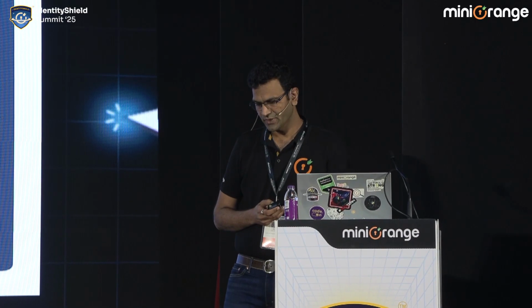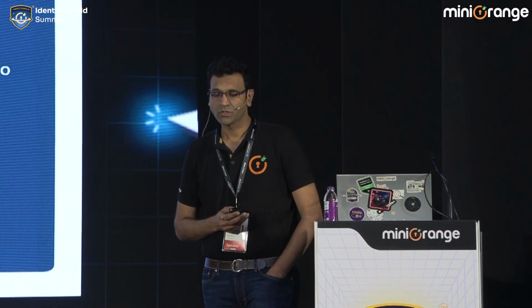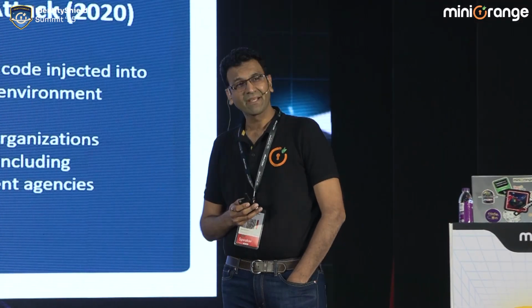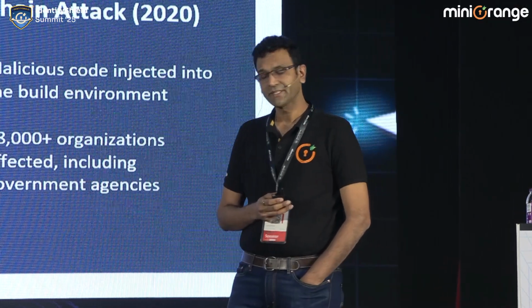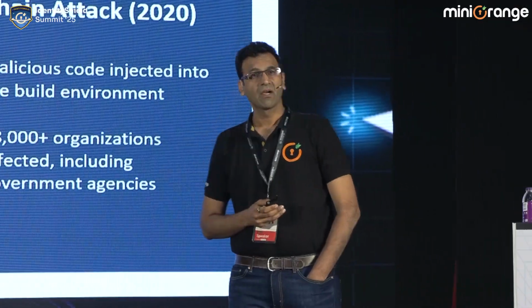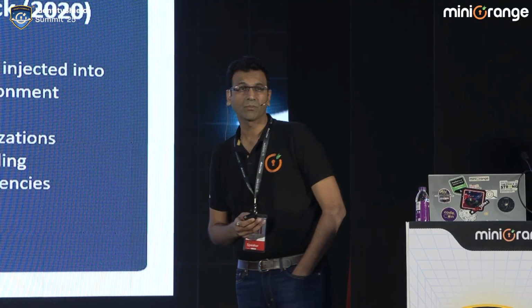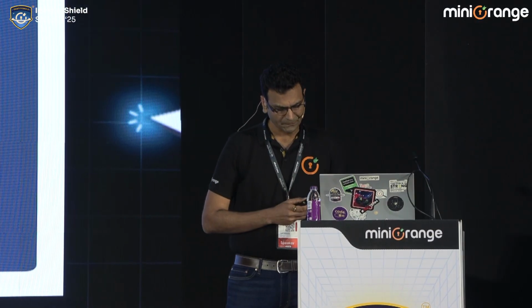Actually, there are many security incidents which were discovered or exploited by hackers, and they have caused big reputation damage to the companies, as well as hefty penalties from governments and regulators, right?